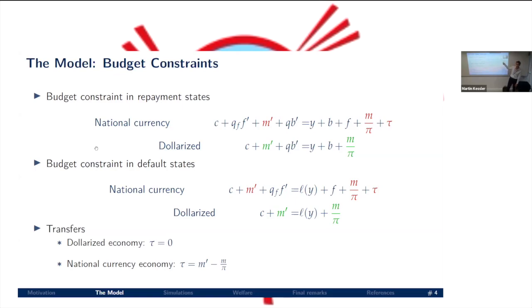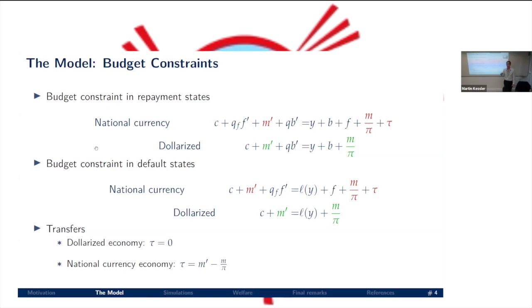And they do this with their income, previous assets, previous reserves, and old money balances. And they get this term, which is the transfer from the government, when the government rebates the seigniorage. So when considering the aggregate budget constraints, the terms in red disappear, okay?